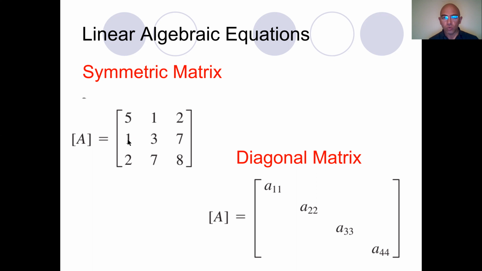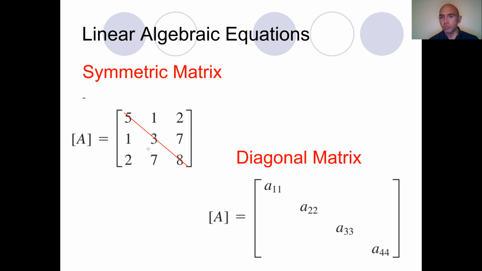And in the second row, first column, it is 1 again. Third row, first column, it is 2. First row, third column, it is 2. So basically, if you draw a line along the diagonal, and the values on either side of this diagonal are equal, for example here it's 1, it's 1, it's 2, it's 2, it's 7, it's 7, then this matrix is symmetric.